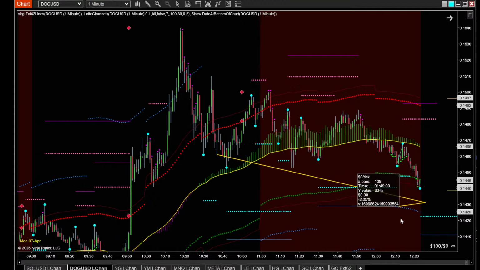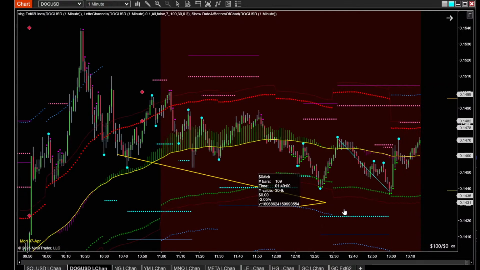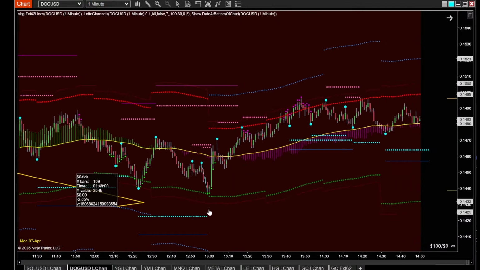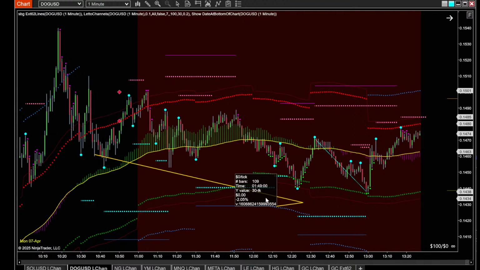Let's see if we come close. We come very close, and it really never hits it, but we do come close to that target. That target was right here, and it doesn't quite hit it. We're kind of outside of our trading range after 11 o'clock. But the initial stop on this trade would have been all the way up here, and the market hasn't hit that either.